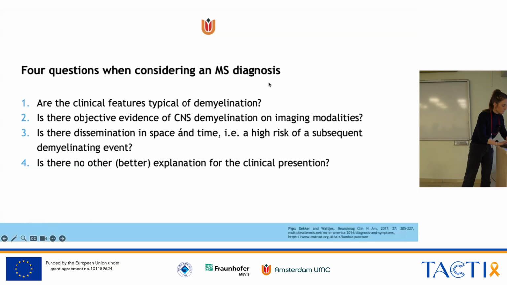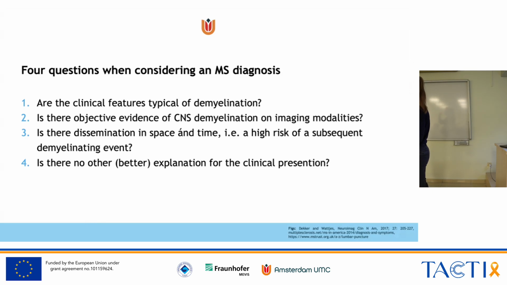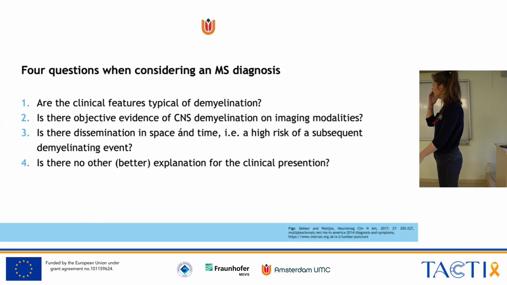And a very small recap of what we discussed yesterday. If a patient presents to our clinic, there are 4 questions that we need to consider. First, are the clinical symptoms typical of demyelination? Then, do we actually see demyelination on imaging, so MR scans or OCTs?